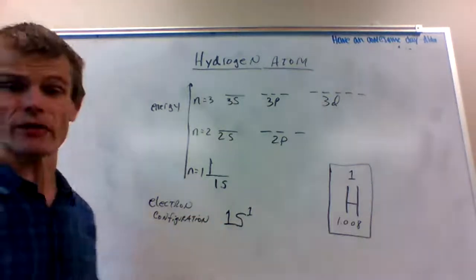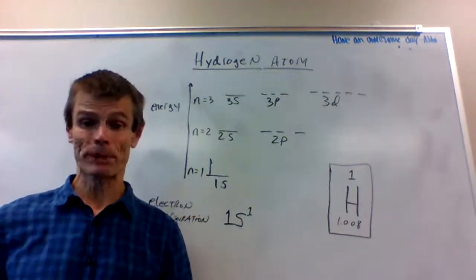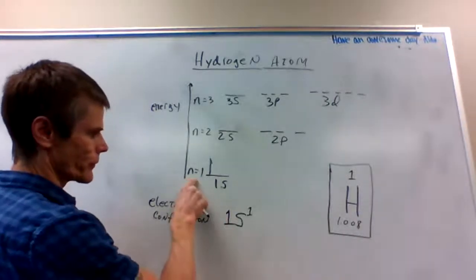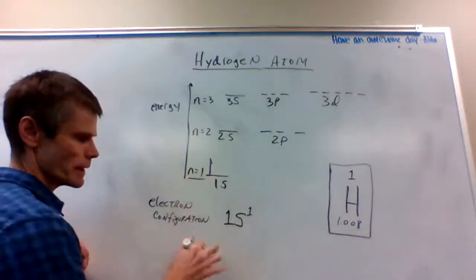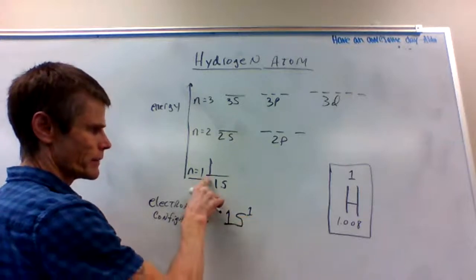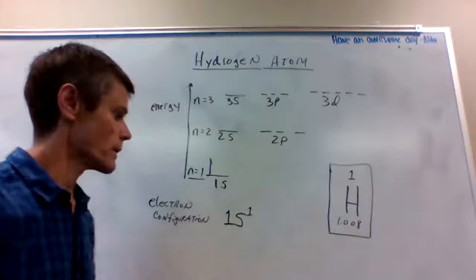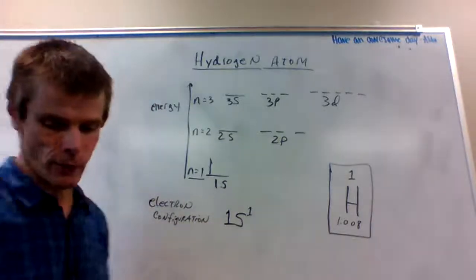Again, we can think of it as an address of where an electron might be located. This one represents the first principal energy level, and this superscripted one tells us that there's a single electron in that particular orbital. Now, this is the electron configuration.